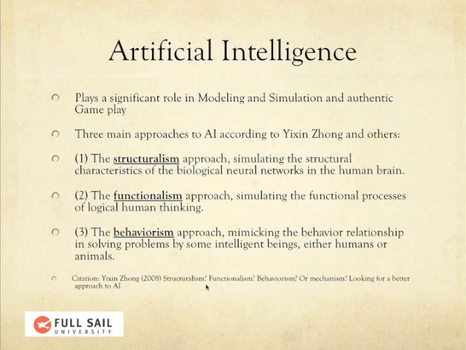The second one is the functionalism approach, and that simulates the functional processes of logical human thinking, but it's not as concerned with how that arises. So this is more of a black box approach. We're not really concerned what's going on inside the box. We're mostly concerned with the outcome.